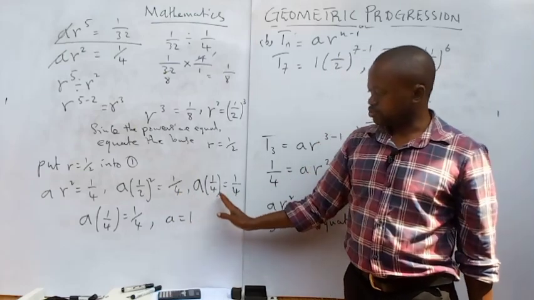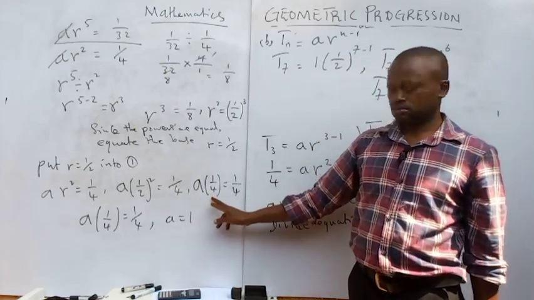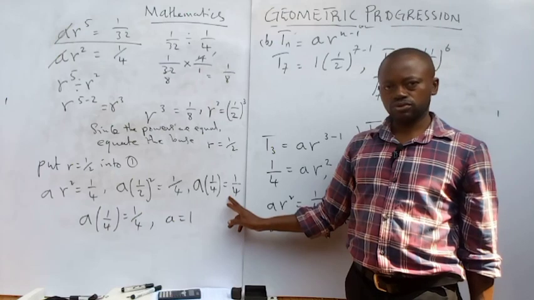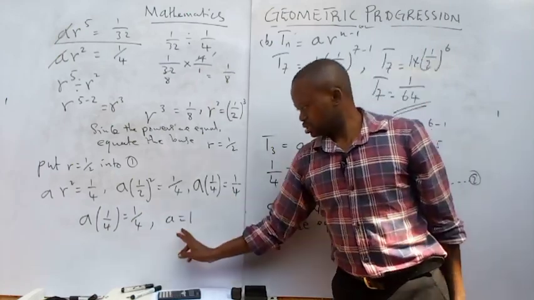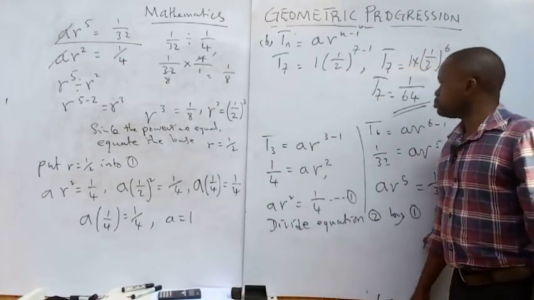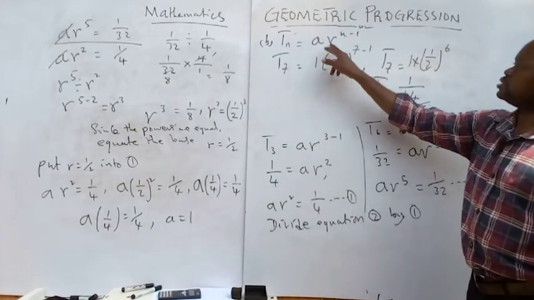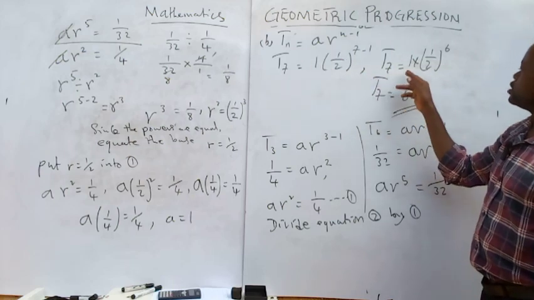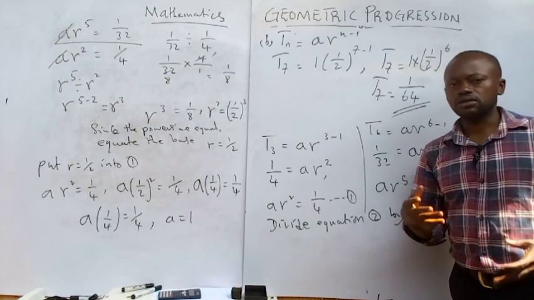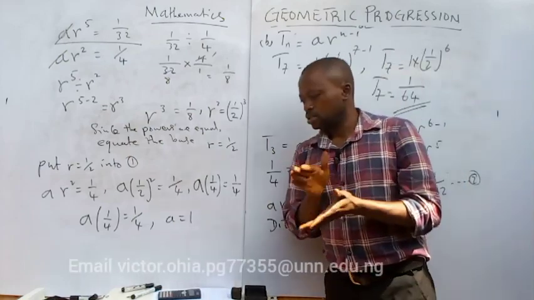So we divided both sides, just like 2x equals 2, we divide both sides by 2, so x is 1. So this is 1. So we came back here and plugged it inside this general expression for geometric progression, and we're able to find the seventh term as the question requires.